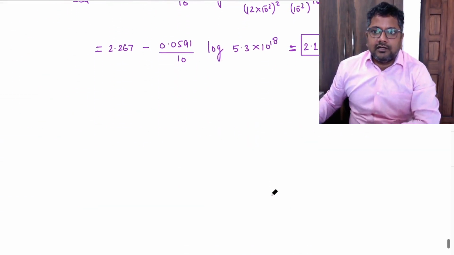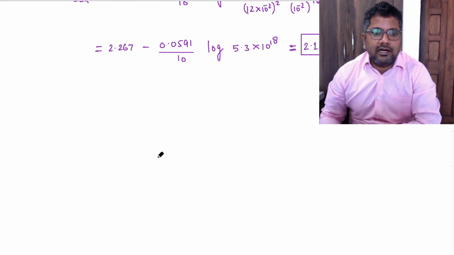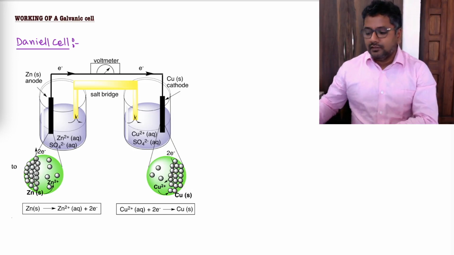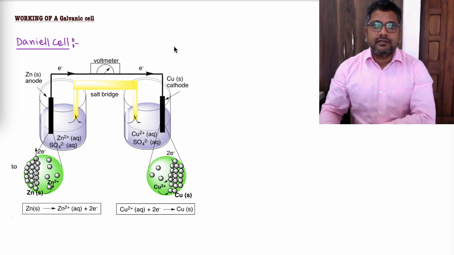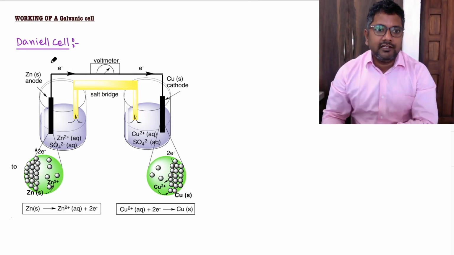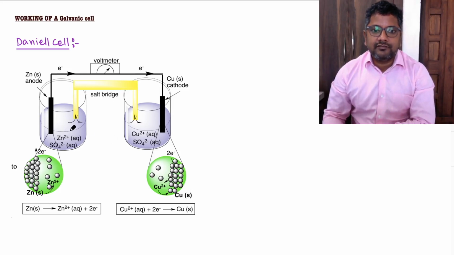Now let's start the working of a galvanic cell, right? This is a galvanic cell or voltaic cell, and the particular cell I have shown here is a Daniell cell. This is a zinc rod immersed in a zinc sulfate solution.